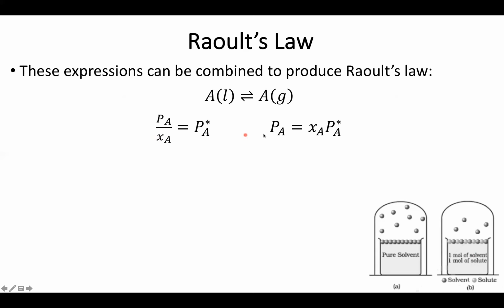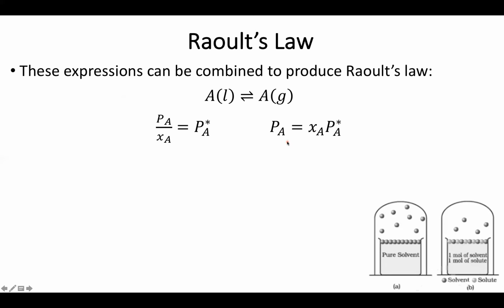And by convention, this is typically referred to as Raoult's law, where the vapor pressure of my solvent is given by the mole fraction of my solvent and the vapor pressure of the pure solvent. So again, star represents pure, no star represents the actual system I'm working with.